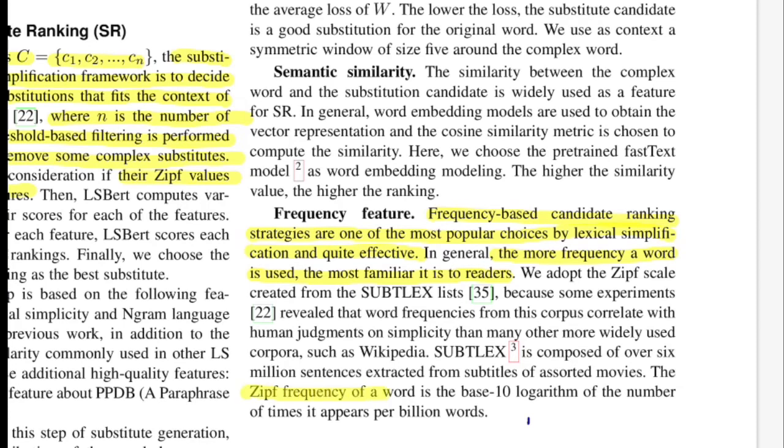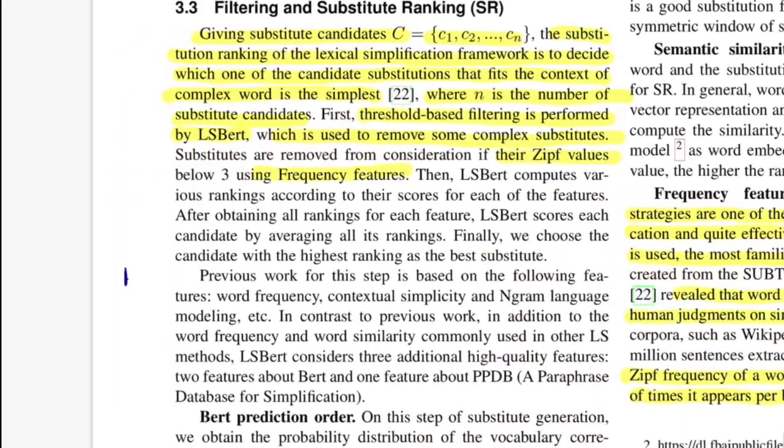The zipf frequency of a word is nothing but the base 10 log of the number of times it appears per billion words. And they use the SUBTLEX corpus to calculate the zipf frequency, because some experiments reveal that word frequency from this corpus correlates with human judgments of simplicity. Okay, fair enough. Let's move forward.